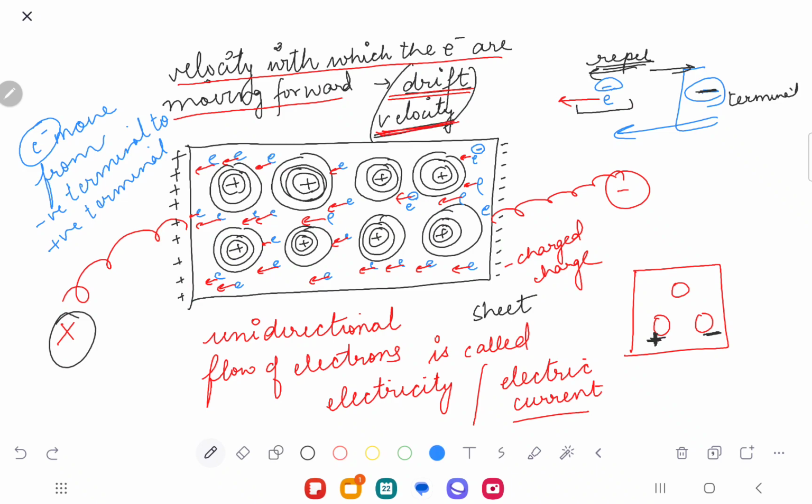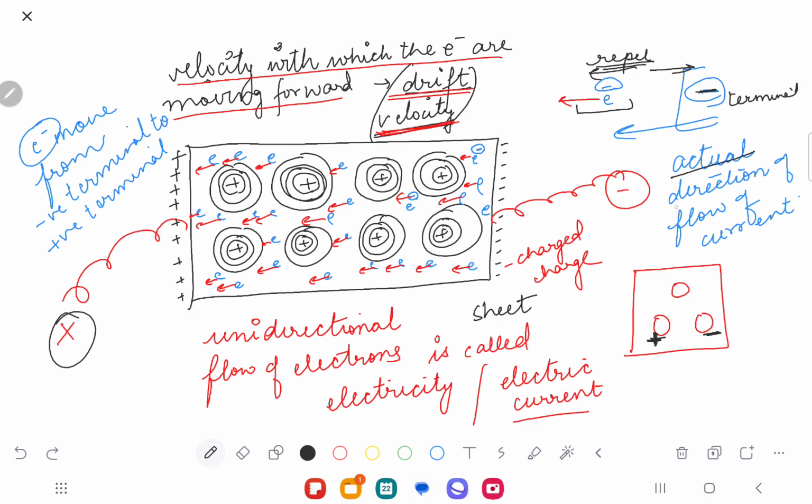Understood or not? But in reality, today we know that electrons are free. So this is the actual direction of the flow of current. What is that?